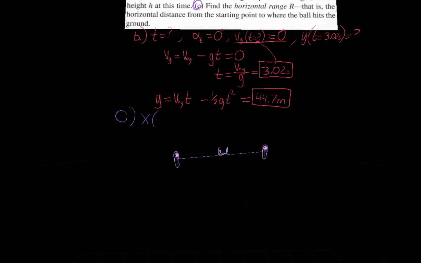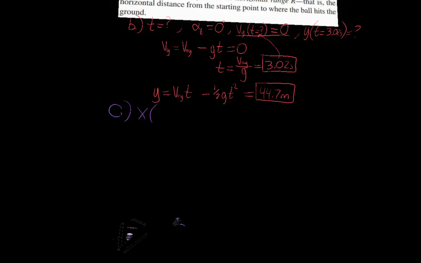So, what's the x direction when y is equal to 0? That's kind of weird. Let's expand that. What's the x value when t is equal to the time when y is equal to 0?